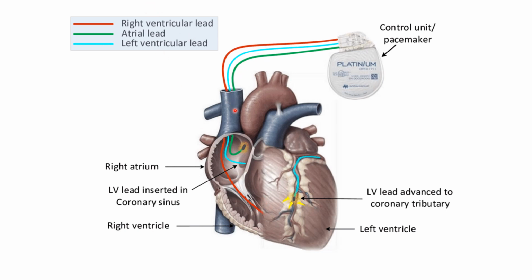We have an atrial lead, which is green, the place where the SA node is. And then the blue lead is the left ventricular lead, which is going to go through the coronary sinus over to the left side of the heart within this tributary, and then it's going to help to pace that left ventricle. And that's that biventricular pacing that I was talking about. So bi means both of the ventricles, but remember the right atrium is also paced too.